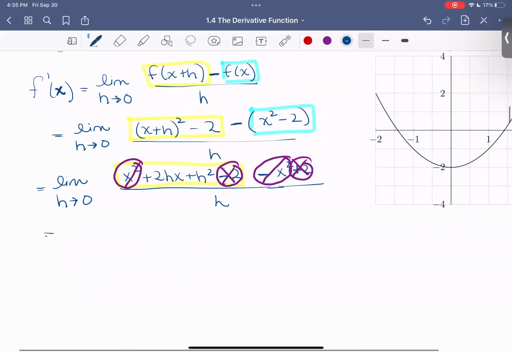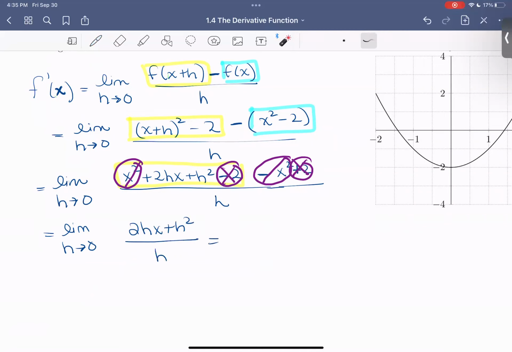So now I'm just left with the limit as h goes to 0 of 2hx plus h squared all over h. So notice each term in the numerator has an h being multiplied in it. So I can factor out an h. So the limit as h goes to 0 is equal to h times (2x plus h) over h. Now I can cancel that h from the numerator and denominator, and I'm left with the following.